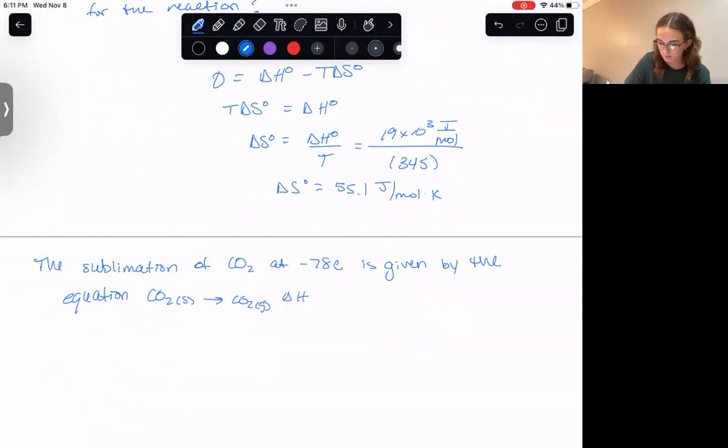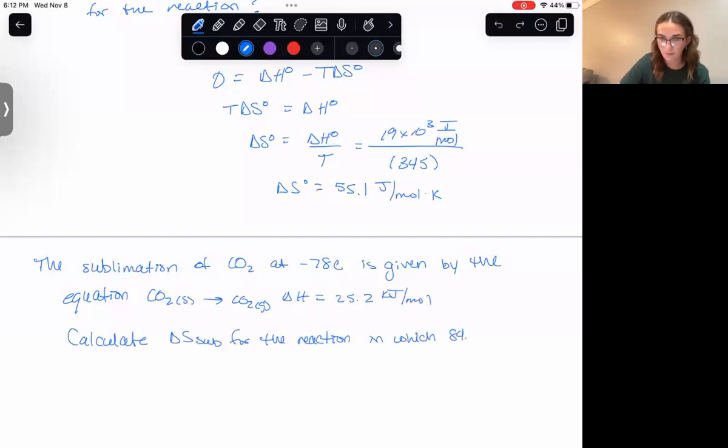Delta H is equal to 25.2 kilojoules per mole. We want to calculate delta S for the reaction in which 84.4 grams of CO2 solid was used.